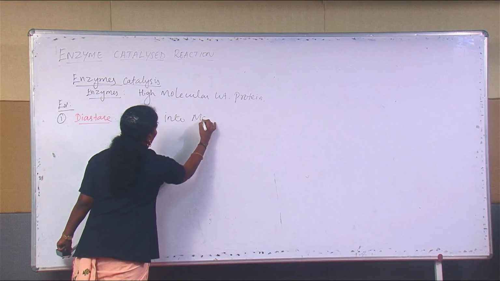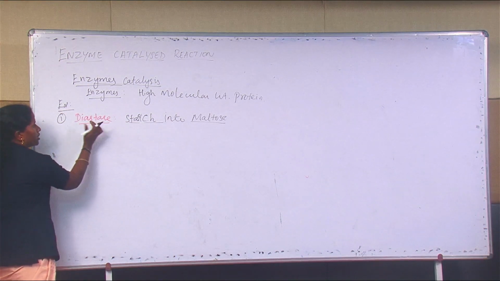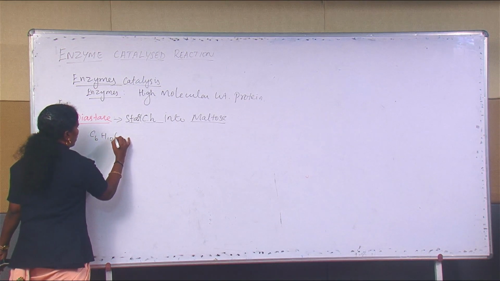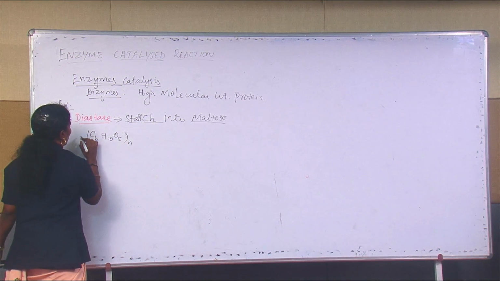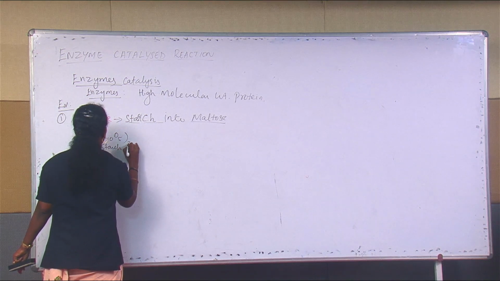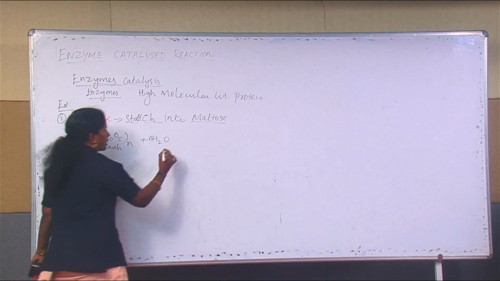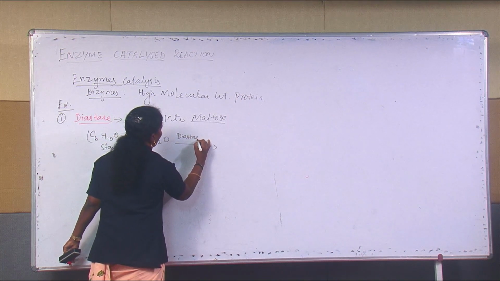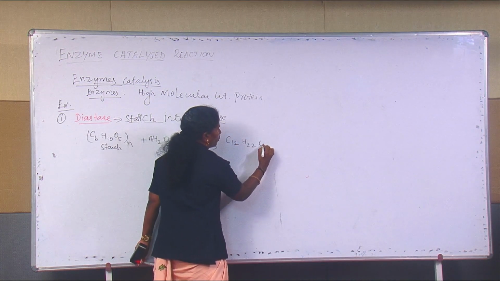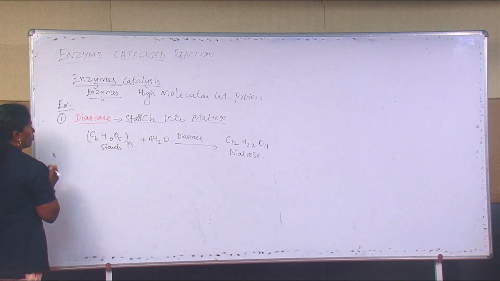The molecular formula of starch is (C6H10O5)n. Starch undergoes hydrolysis with n H2O in the presence of diastase to form maltose. Maltose is a disaccharide, and its molecular formula is C12H22O11. So the enzyme diastase is used to convert starch into maltose. This is one example.